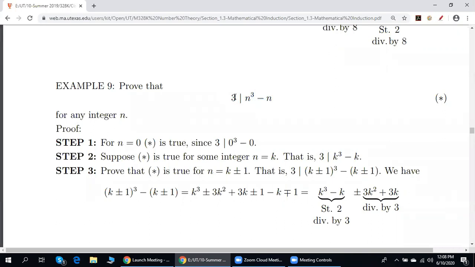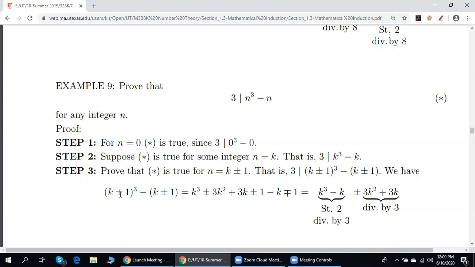We want to prove that 3 divides n cubed minus n for any integer n. n is equal to k plus or minus 1. We want to prove that 3 divides this. By algebra, let me consider these 2 cases separately.